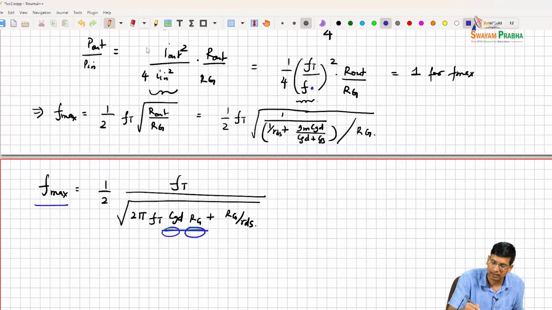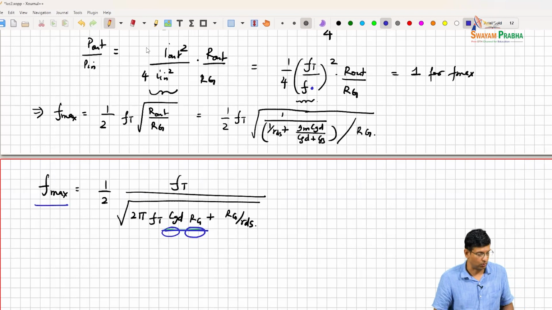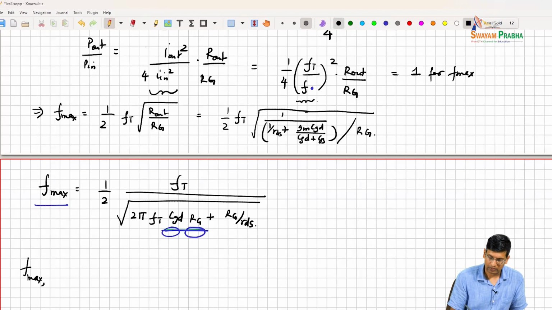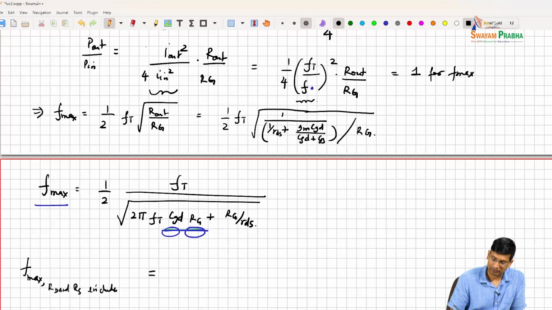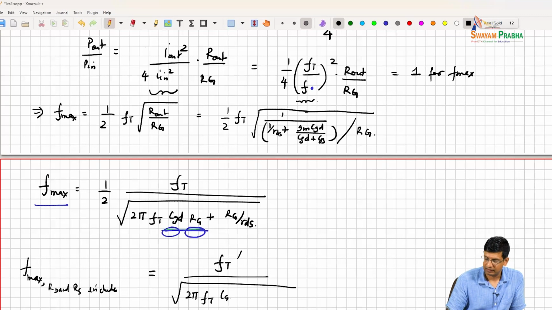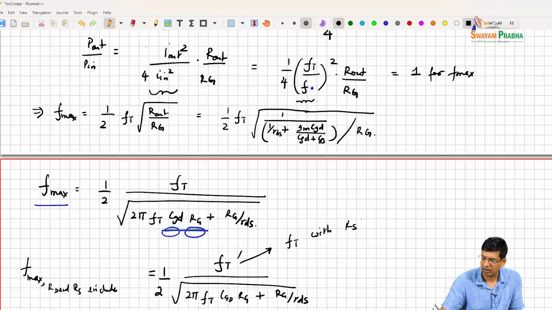Now, I won't derive the whole thing with RD and RDS, right? But you can basically show that F maths with RD and RS included, you end up with something which looks something like Ft prime divided by 1 over 2 pi Ft CGD RG plus RG divided by RDS, where this Ft prime is the Ft with RS and RD included, right?